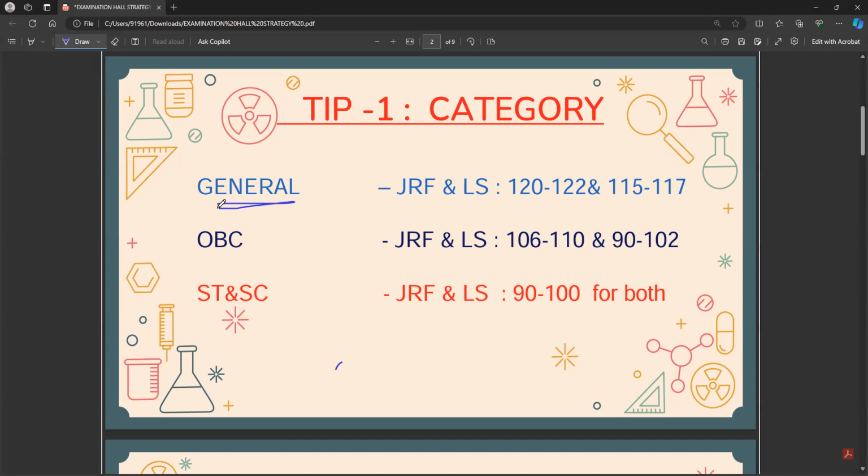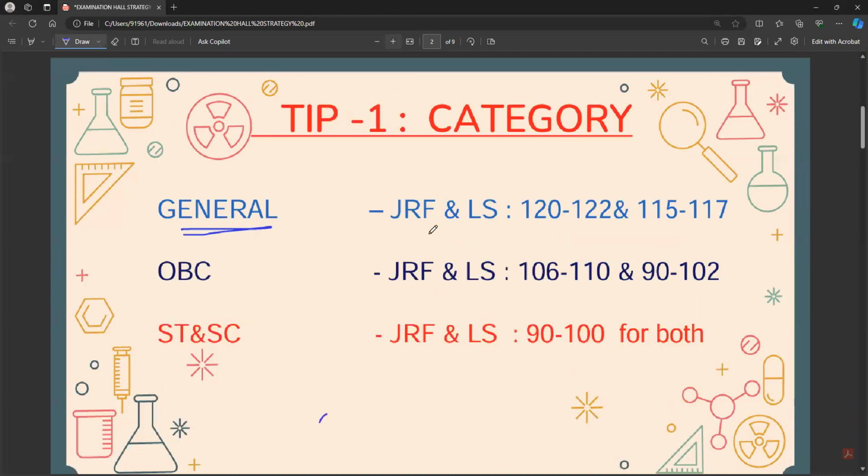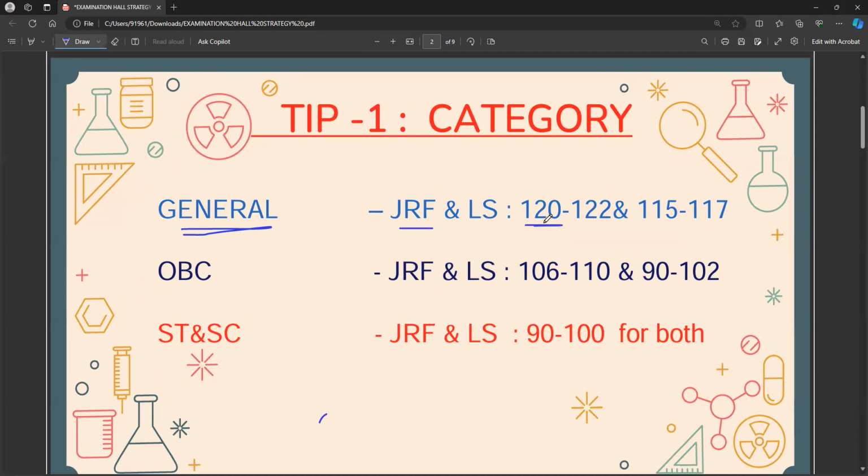If it is a general category student trying for the JRF, I encourage you, your safe score is 120. Even if you're in the range of 120 minimum and 122 maximum, undoubtedly you will crack the exam.